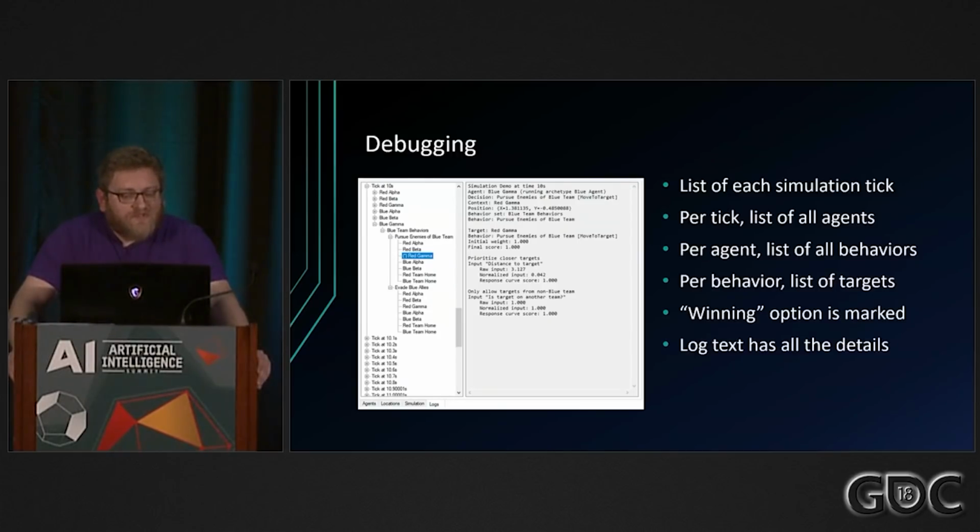You can look at what their decision was that they actually wound up doing. You can look at the comparison between that decision and other competing decisions, or even competing targets for the same decision. And finally, at the lowest level of granularity, you can see numbers that represent the actual input values, the normalized input values, and the response curve scores for every single consideration that we processed in that tick.